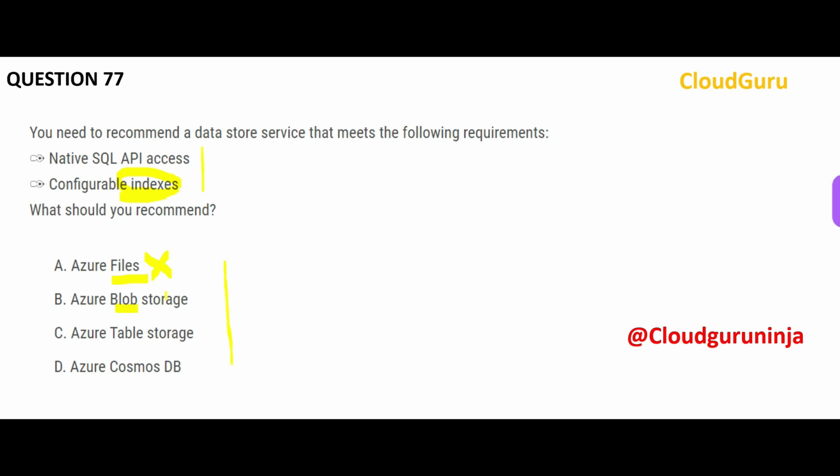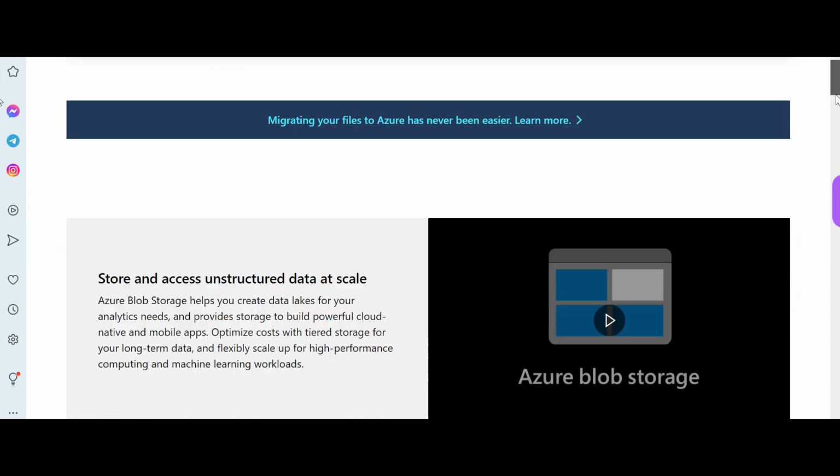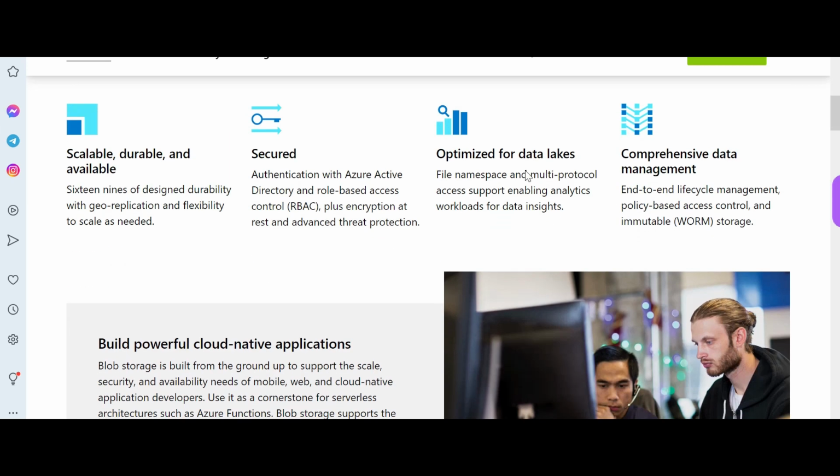Now let us look at blob storage. If you want to build data lakes or machine learning programs, you use blob storage. It can store so many files in different formats. It is highly secured, durable, scalable, optimized for data lakes, with comprehensive data management.